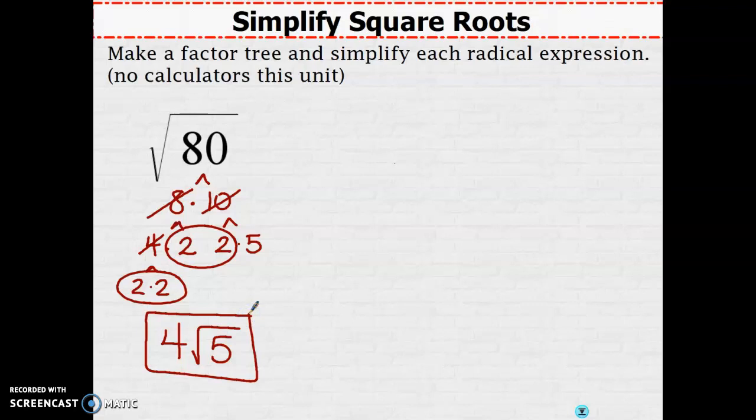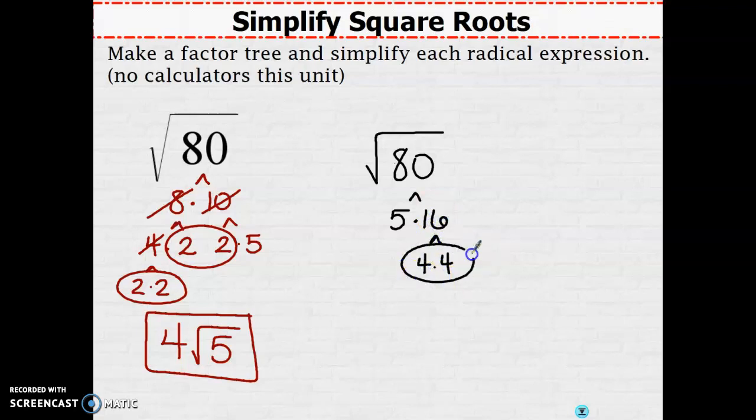What that really means is if you were looking for a more efficient way, then maybe you saw 80 as 5 times 16, and then you just saw 16 as your largest perfect square to take out the 4, leaving the 5. I didn't necessarily see that from the get-go, so instead I just broke down all the way into the prime factors.